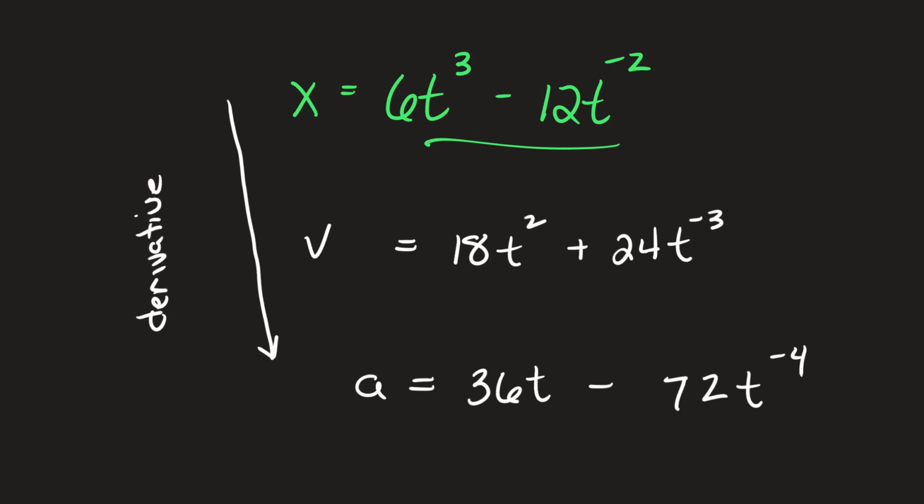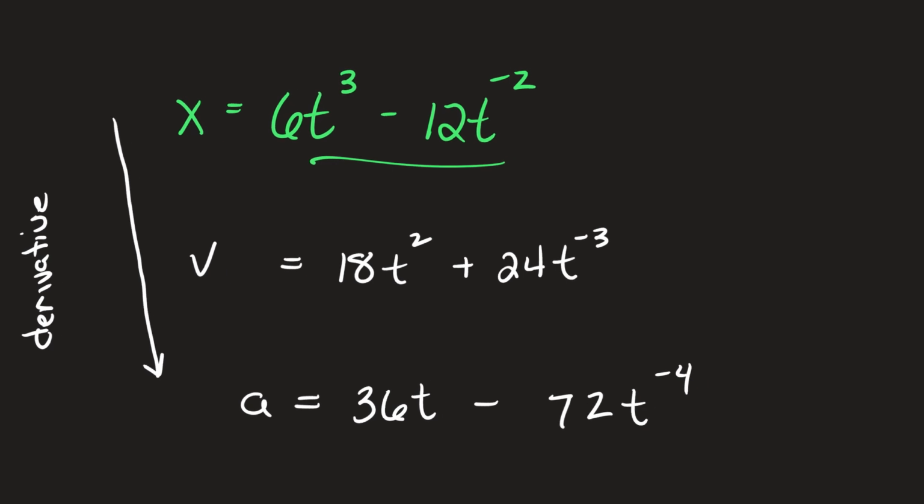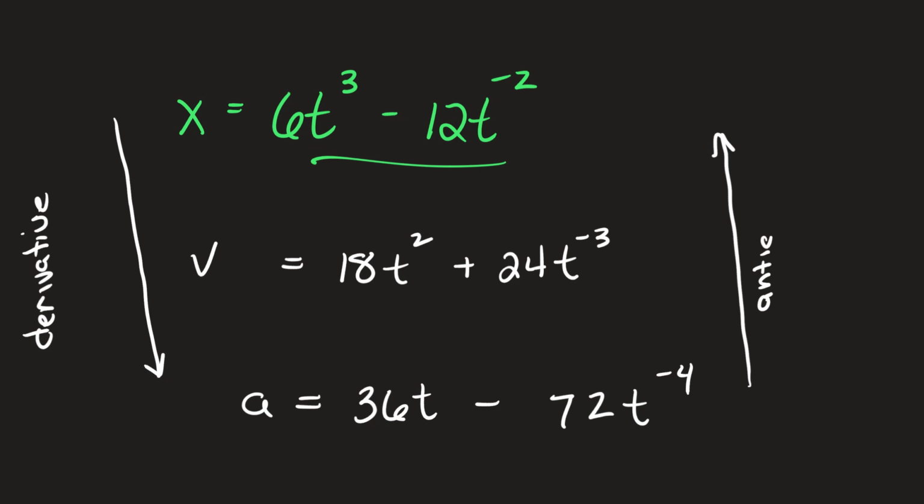You can probably imagine there's got to be a way to go in the other direction. And there is. Going in the other direction will be the antiderivative. We're going to get to that, but I want to talk about one more minor thing.